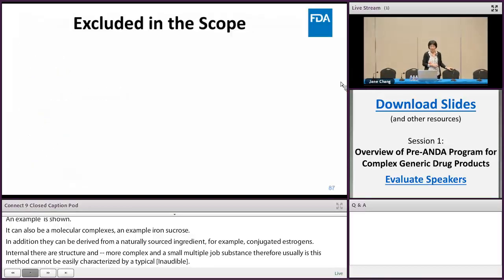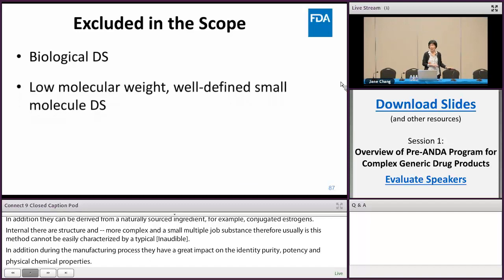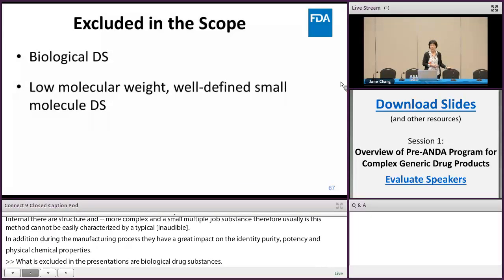What is excluded in this presentation are biological drug substances. For generic applications, they should be submitted through a biosimilar pathway. In addition, this presentation excludes low molecular weight, well-defined small molecule drug substances.